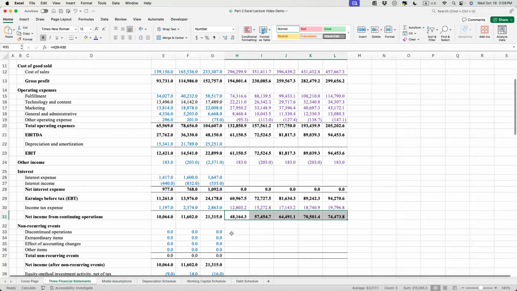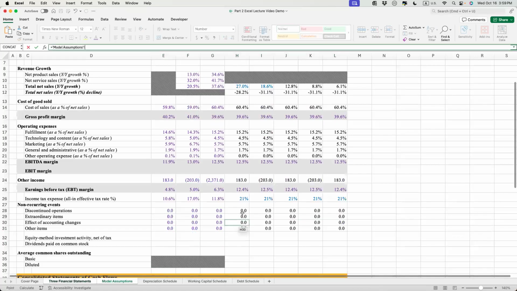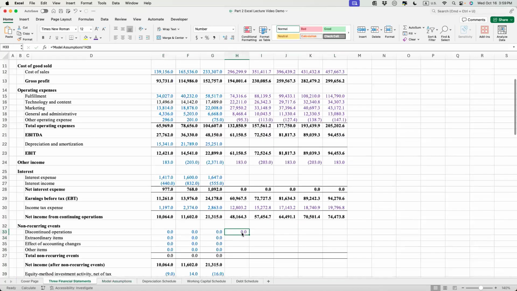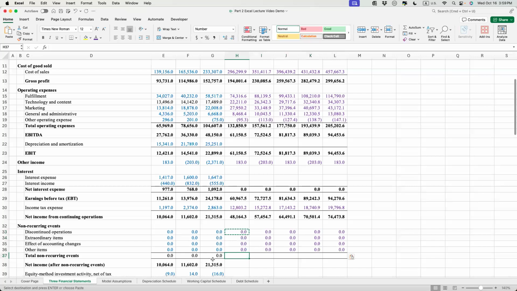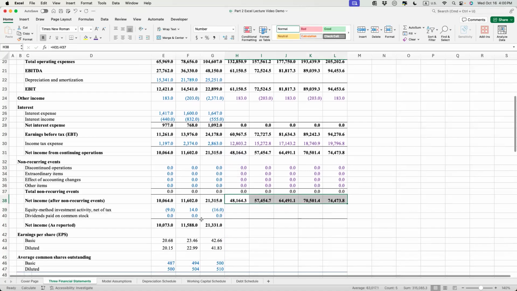And then we're going to link this back from the model assumption. Let's do a copy and paste special, formula and format. And then we can calculate the total by taking a sum. And next we can calculate the net income. Using net income, subtract this non-recurring event to get net income after non-recurring event.